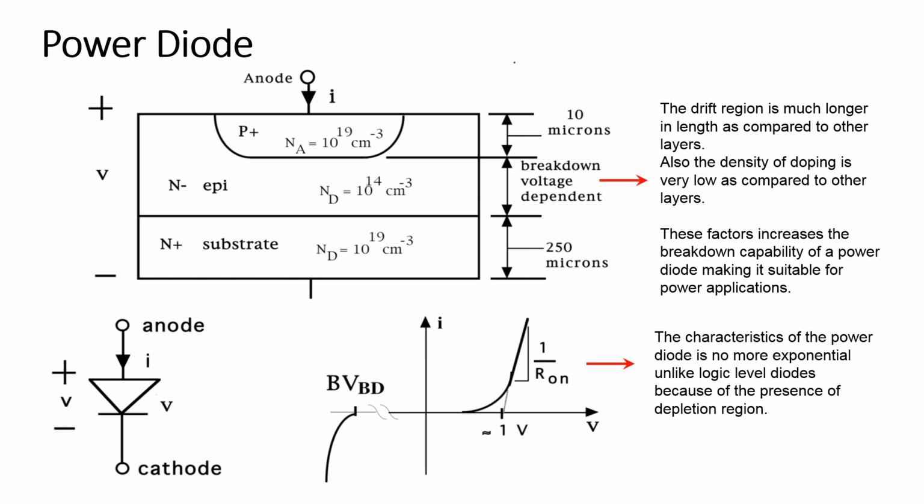Let's take an example. Suppose we have an AC source here and a power diode is connected here, and then we have a load, let us say it is 400 volts.